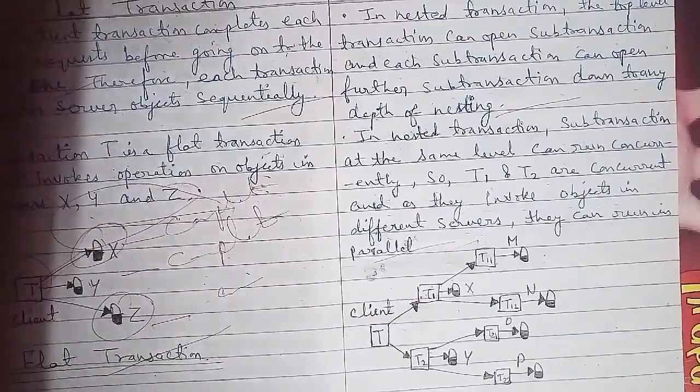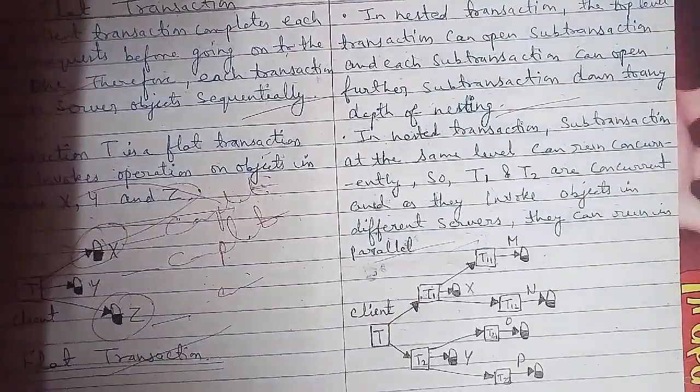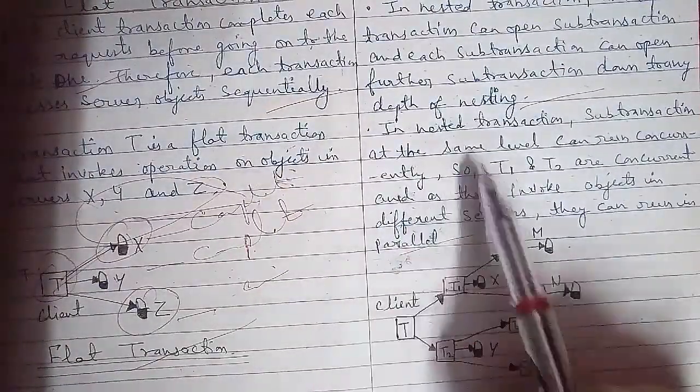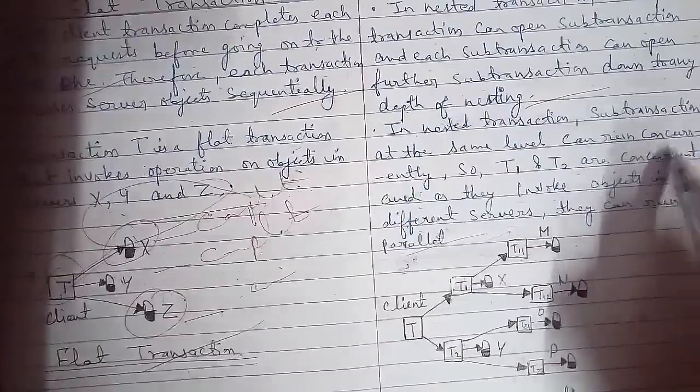So here we can see that for the nested transaction we will be discussing that. You can see that in the nested transaction the transactions at the same level can run concurrently.